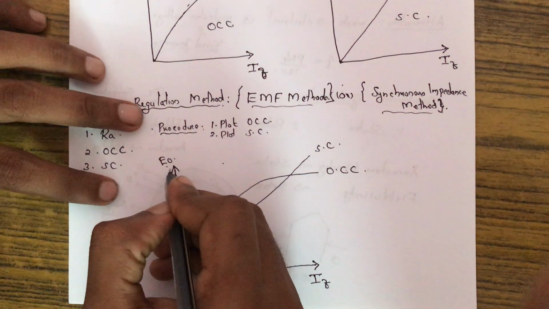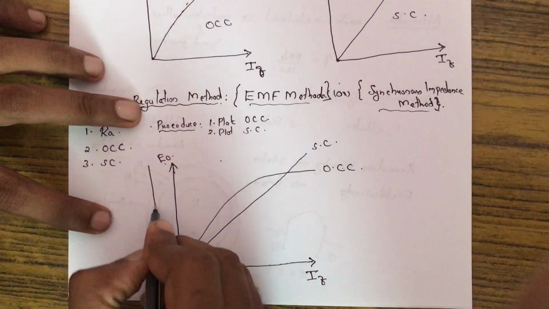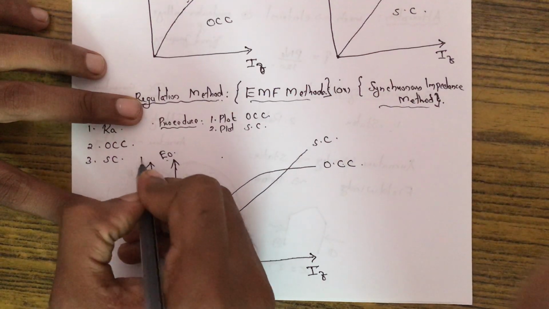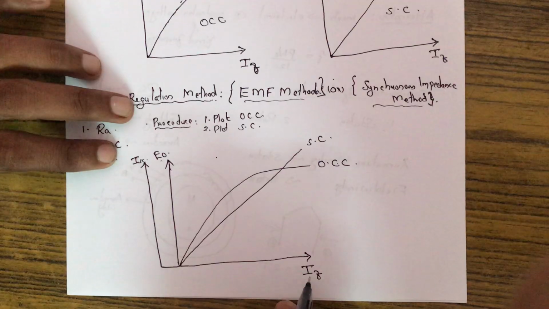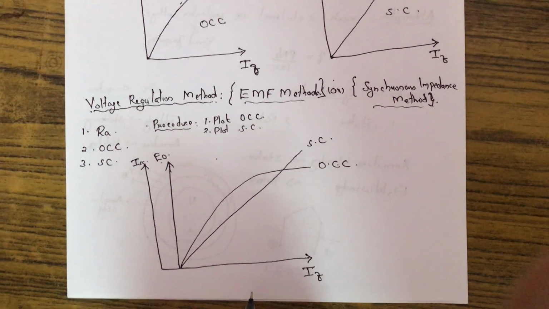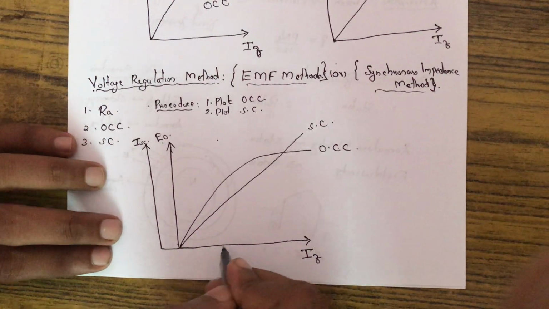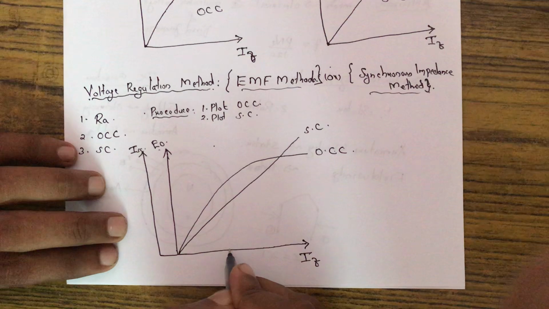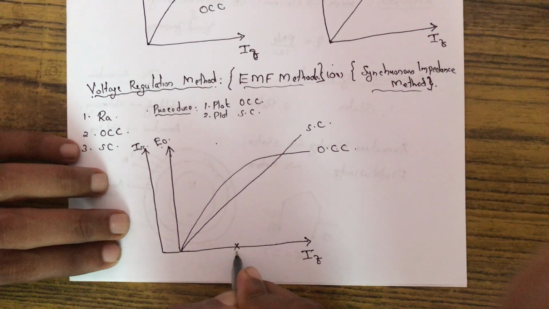It is plotted with the short circuit current and field current, so ISC versus IF. Now we have to consider a field current. So let me consider a field current IF.